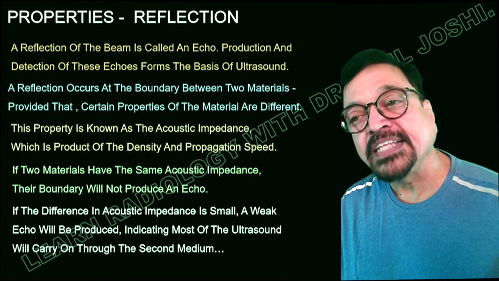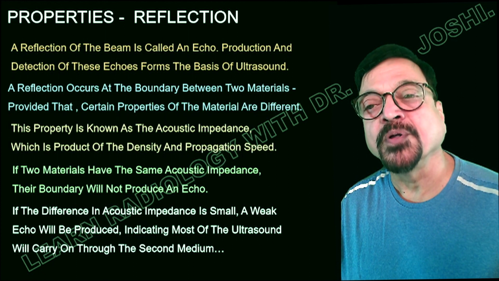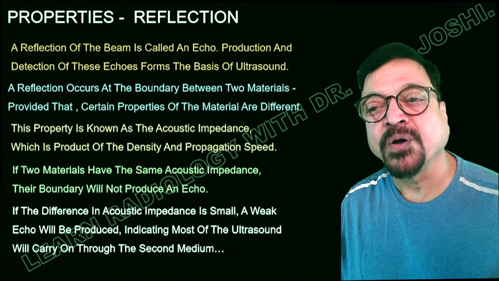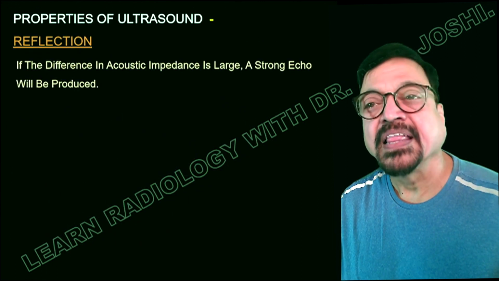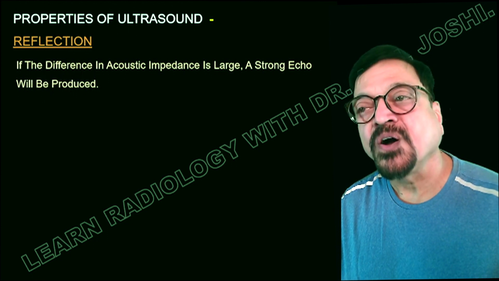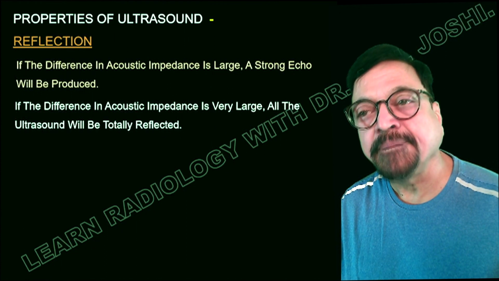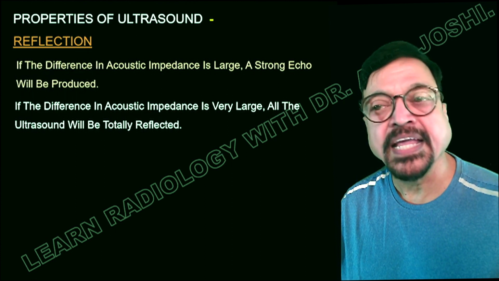If the difference in acoustic impedance is small, a weak echo will be produced, indicating most of the ultrasound will carry on through the second medium. If the difference in acoustic impedance is large, strong echoes will be produced. If the difference is very large, then the ultrasound will be totally reflected.